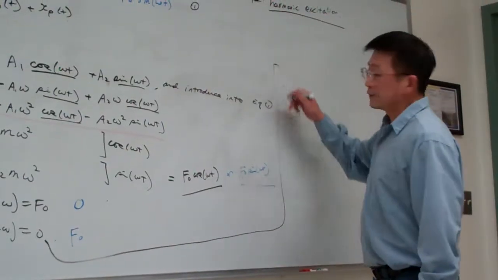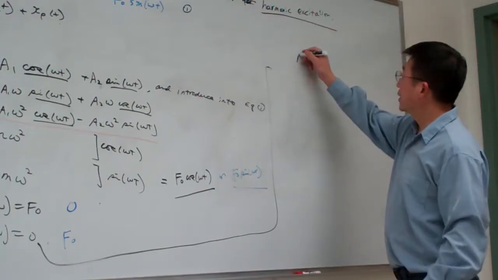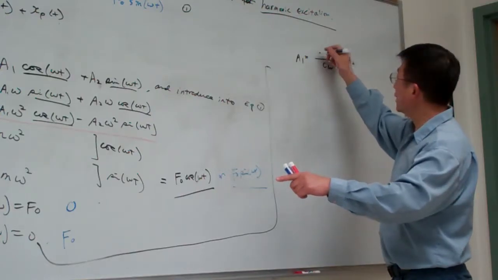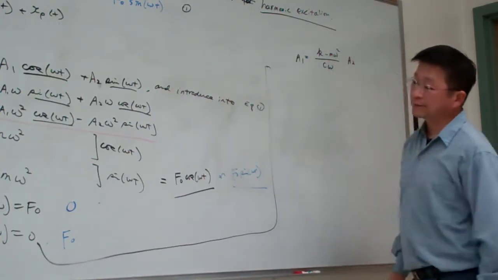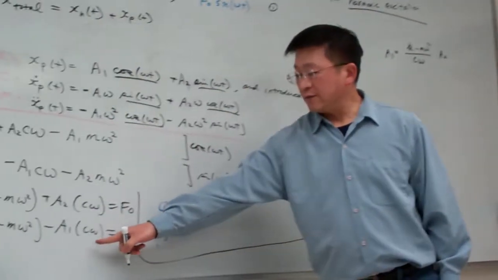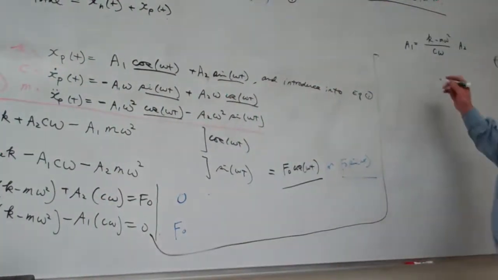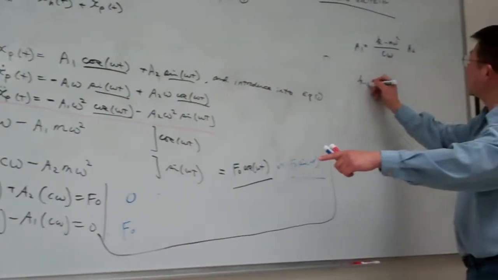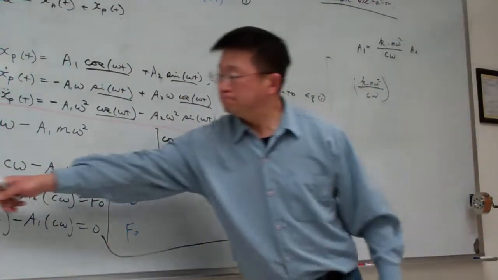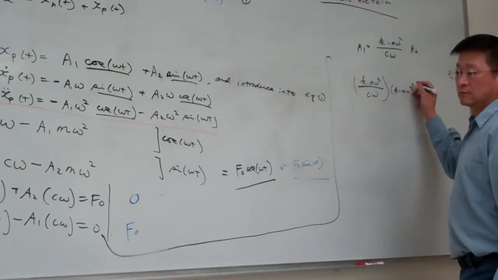From here for the black one, finding A1 is equal to A2 times c omega over (k minus m omega squared), right? So when I deal with this set, from here I get A1, so plug into the first one here, so that means A1 (k minus m omega squared) and c omega, this is A1, and multiply with this one, plus.